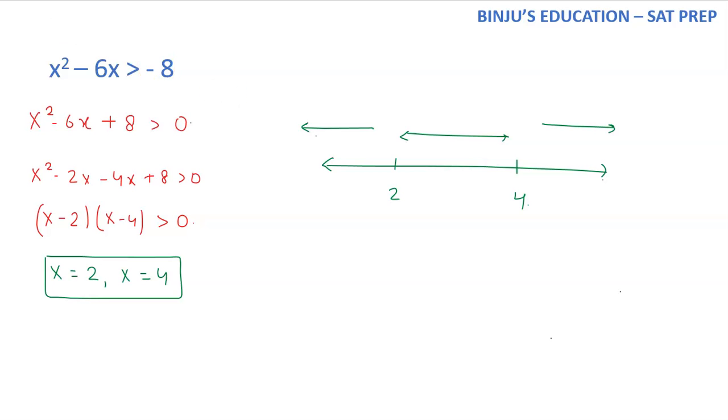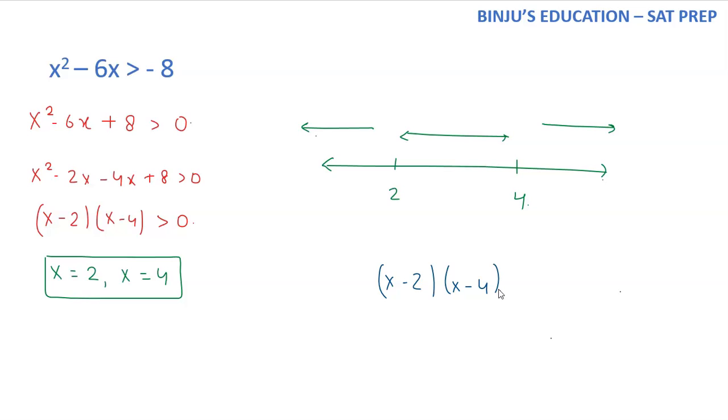So let's go region by region. I'm going to take the first region, which is greater than 4. So think of any number greater than 4. For example, think of 6 and plug in the value of 6 in the expression x minus 2 into x minus 4 in place of x. So when I put x is equal to 6 in this expression, I'm going to get 6 minus 2, which is 4, into 6 minus 4, which is 2.